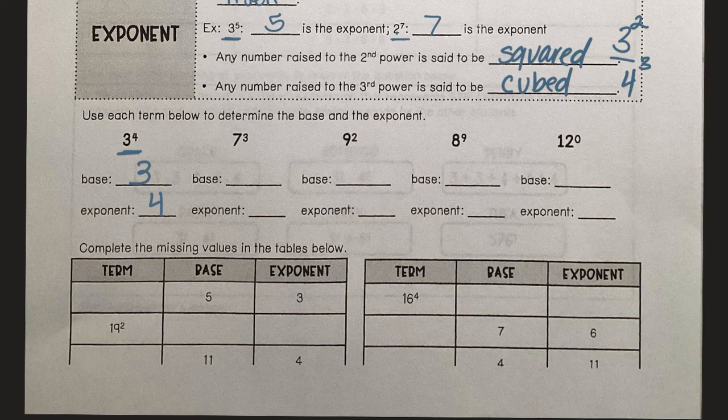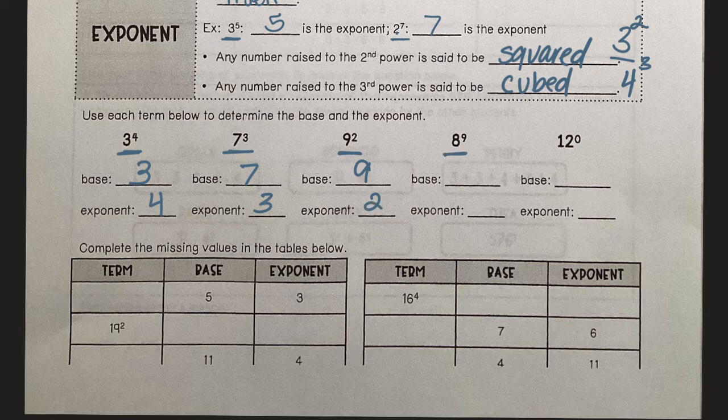Therefore, it's my exponent. 7 cubed, or 7 to the 3rd power, my base number has to be 7, and my exponent has to be 3, because 7 is the big number, and my little number is my exponent, which is 3. For 9 squared, or 9 to the second power, my base is 9, and my exponent is 2.